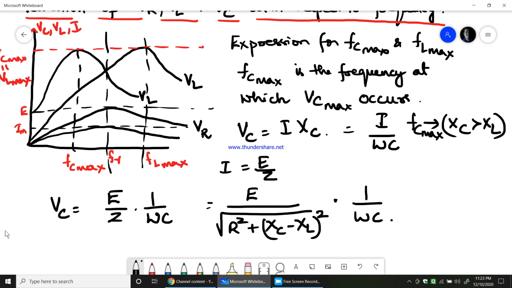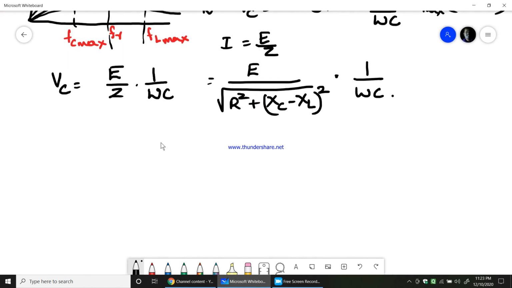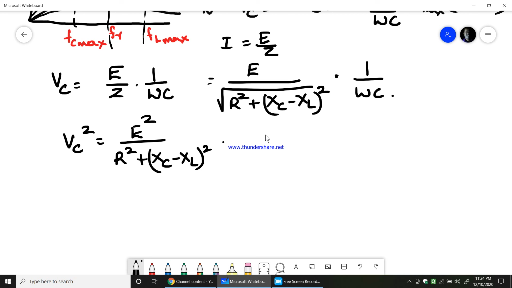So if I square both sides, I get Vc square would be equal to E square by R square plus (Xc minus XL) the whole square, into 1 over omega square c square. This is the equation we get.